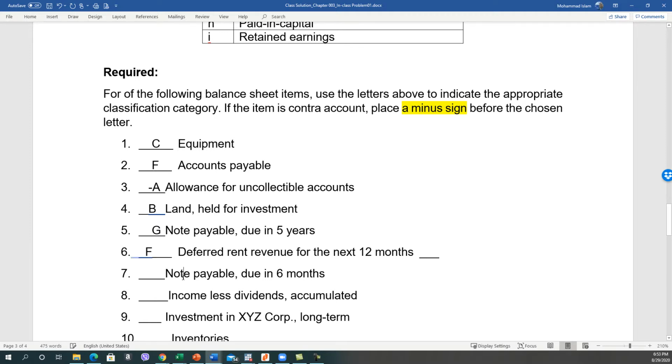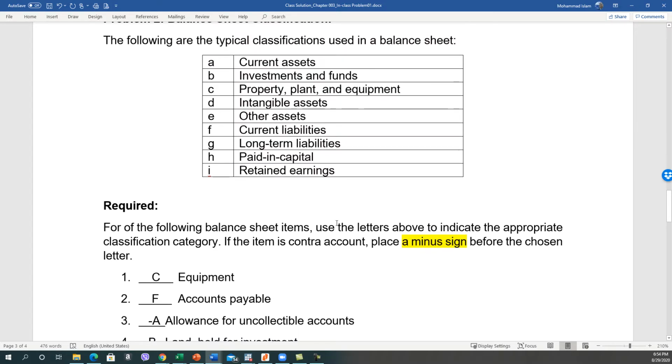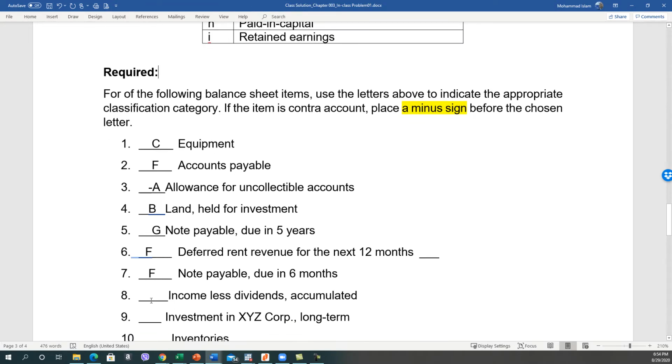Okay. Then note payable. Just guess what the answer would be. Note payable due in 6 months. It's very simple. This one is going to be current liabilities. Income less dividends accumulated. What is that one? See, this one is retained earnings, income less dividends.